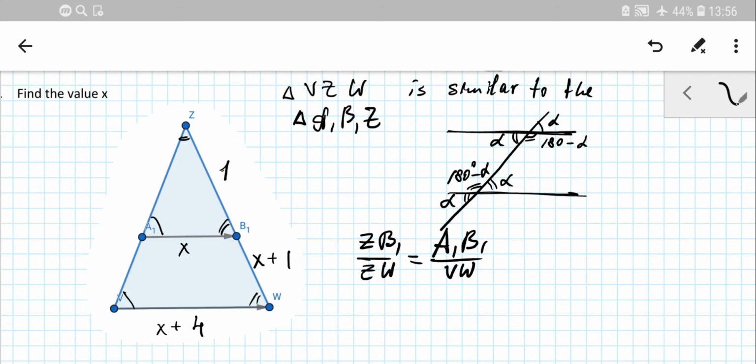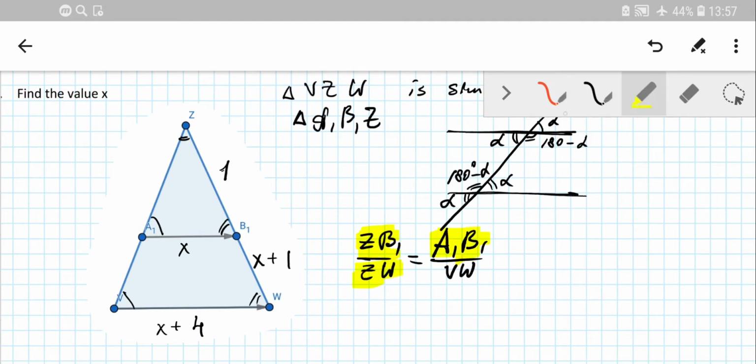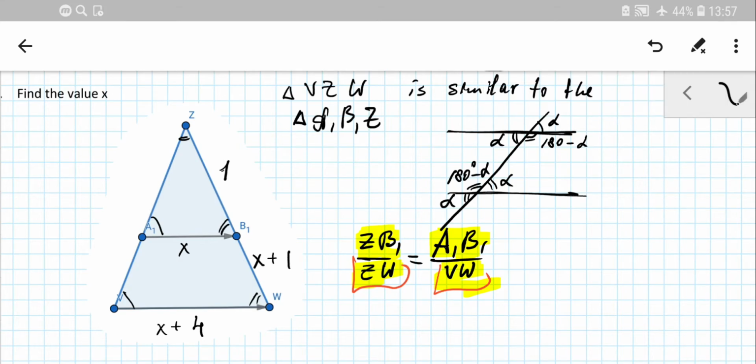You just need to remember, if you start from the elements in the small triangle, you need to have them in the numerators on both sides, and the corresponding sides of the big triangle should be in the denominators. That's the basic rule of similar triangles.